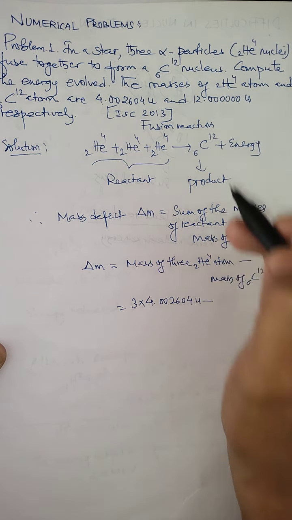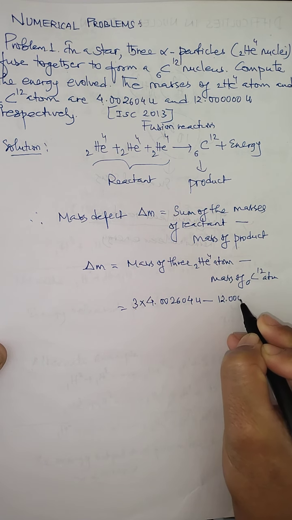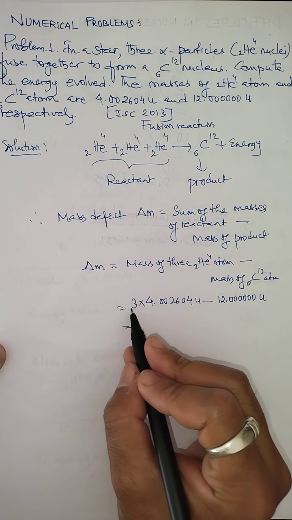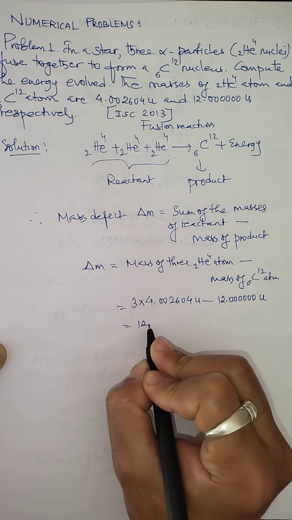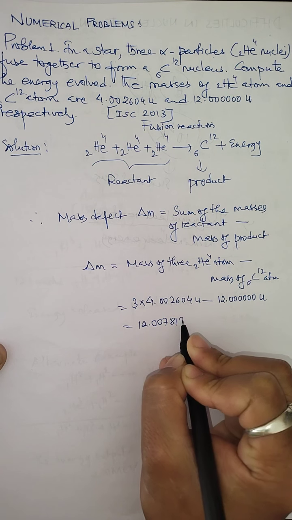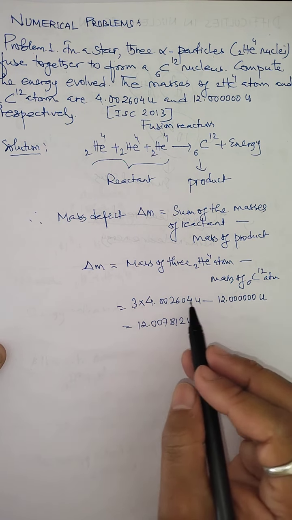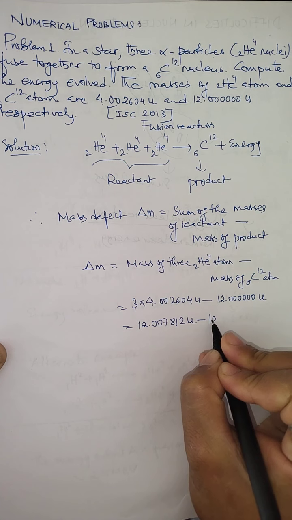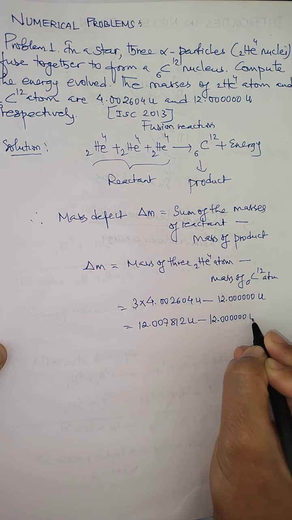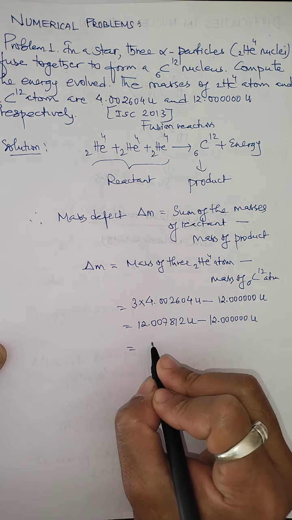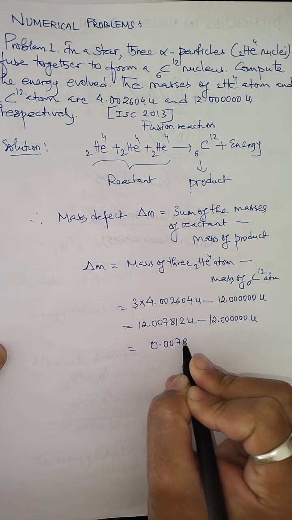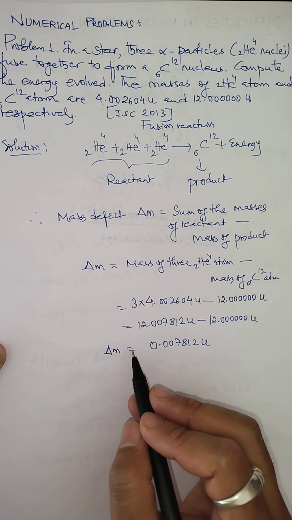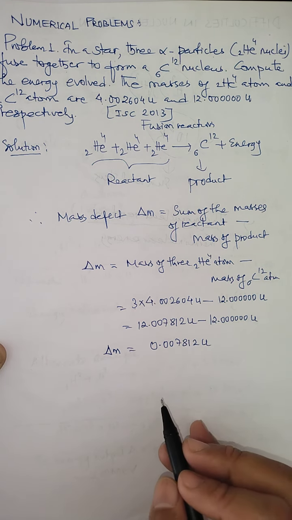Minus the mass of the carbon atom, which is 12.000000 U. Multiplying, with the help of a calculator, we get approximately 12.007812 U for the mass of the reactants, minus 12.000000 U. Subtracting, we get 0.007812 U. So delta M, the mass defect, equals 0.007812 U.